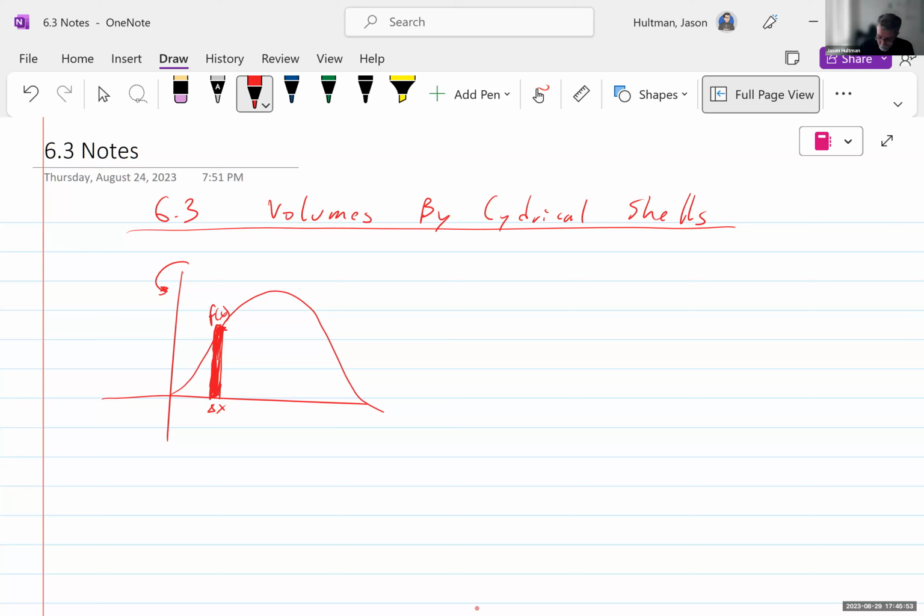And that delta x is out at a radius of r.